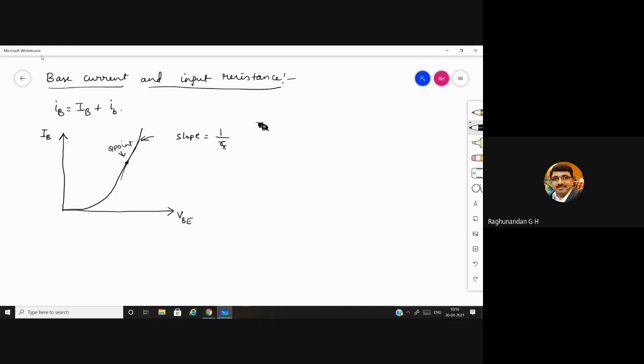And one more thing you should remember: why is it r pi? Pi is the representation used for base to emitter terminals. That's why, instead of writing r_BE, we write it as r pi.